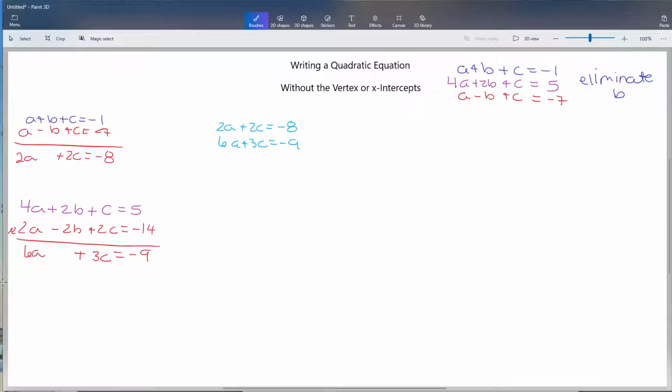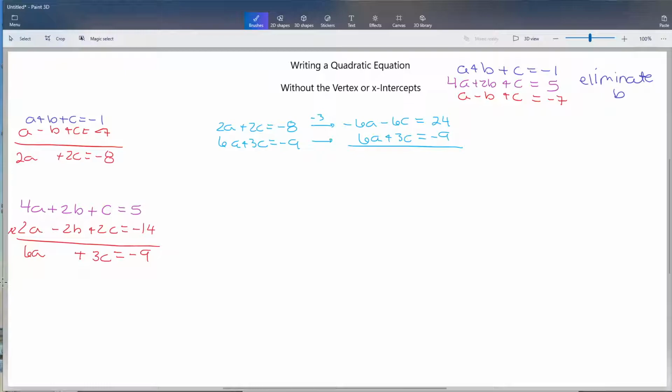So I think the easiest way to do that is to multiply the top equation by -3. So this will give me -6a minus 6c equals +24. Okay, and then I'm just going to copy my second equation. So 6a plus 3c equals -9.